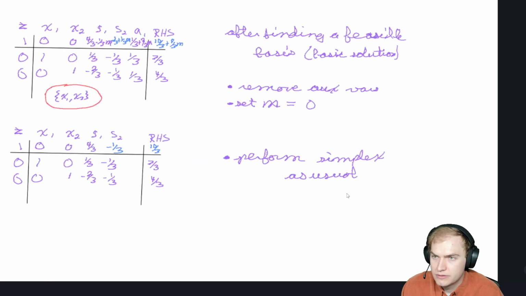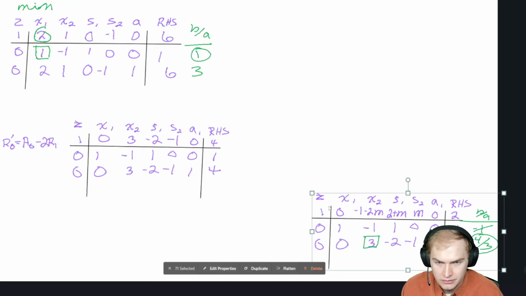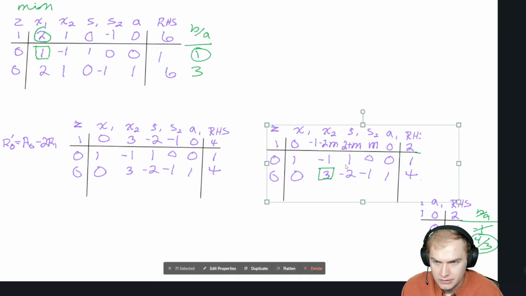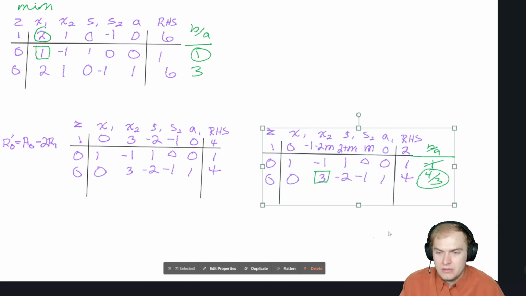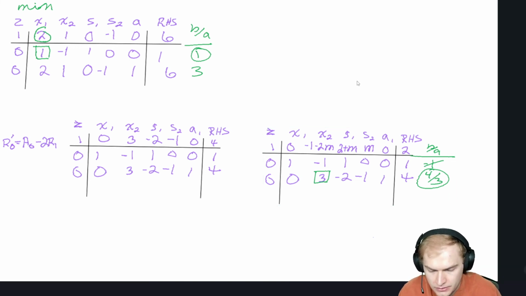So let's compare. Actually, I still have it copied here. Notice that our objective function row is completely different. So I'm going to demarcate this for us.